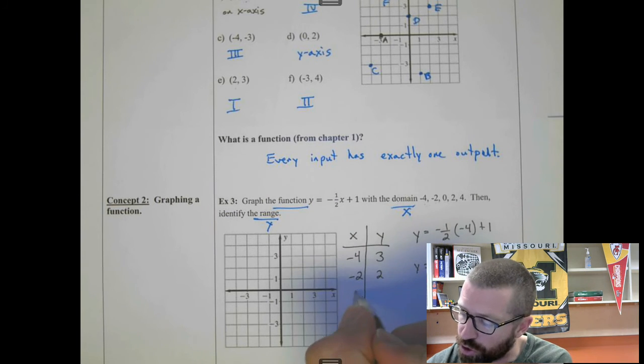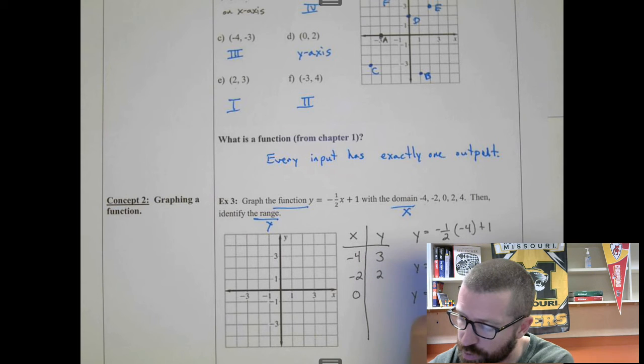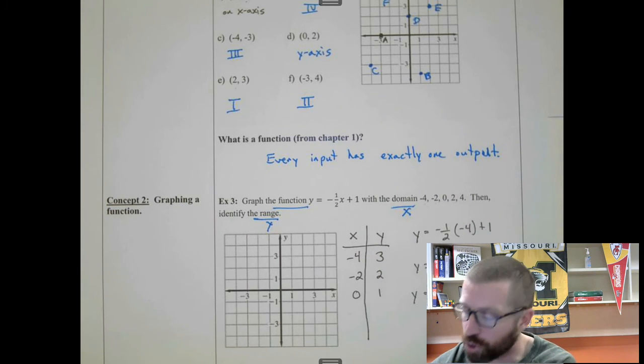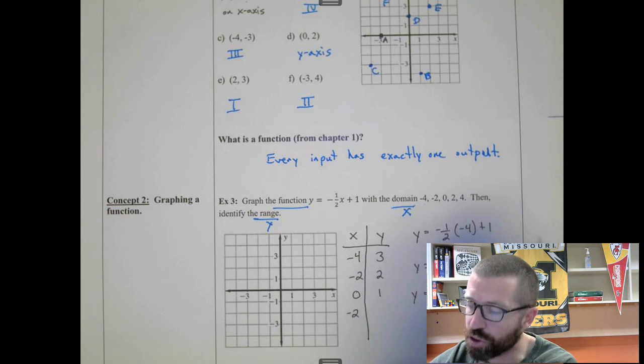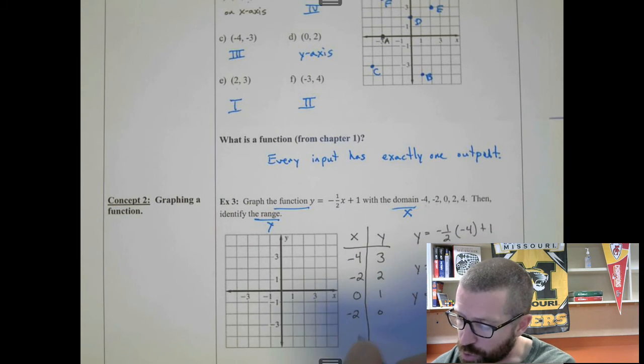Well, let's see if it holds for 0. When I plug in 0, I get 1. Okay, so my pattern's holding. So when I plug in -2, and you can do this, I'm not going to do it here, but you should get 0.